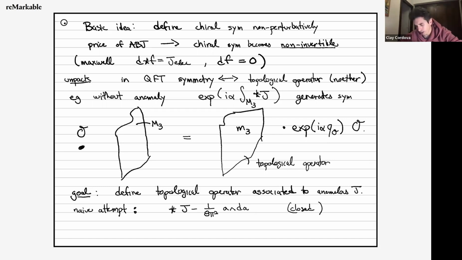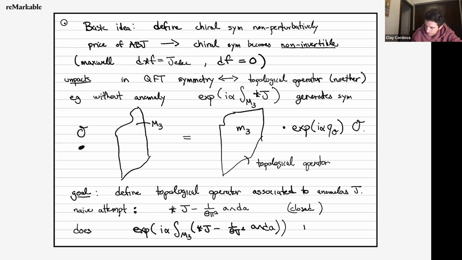So you could say, forget this funny d star j equals f wedge f; I'll just write down this modified current. Does this make sense? I'll integrate over M3 this thing we just discovered, star j minus 1 over 8 pi squared A wedge dA. Does this make sense?